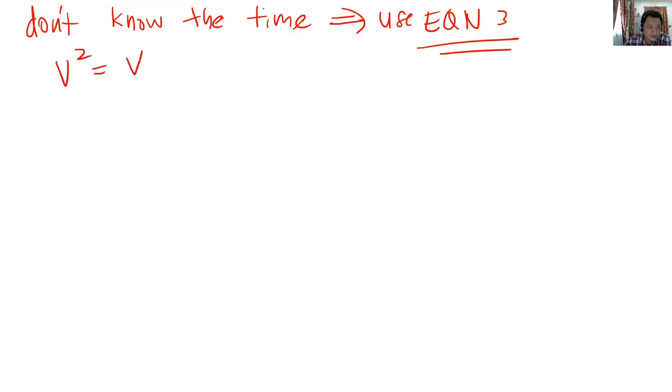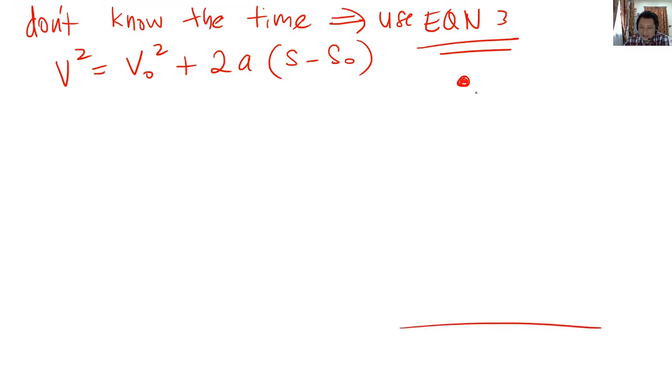V squared is equal to V naught squared plus 2A times S minus S naught. What is the speed originally? V naught is equal to what? What is the speed originally at the top? You guessed it, right? It stopped. So original velocity is 0 meters per second.